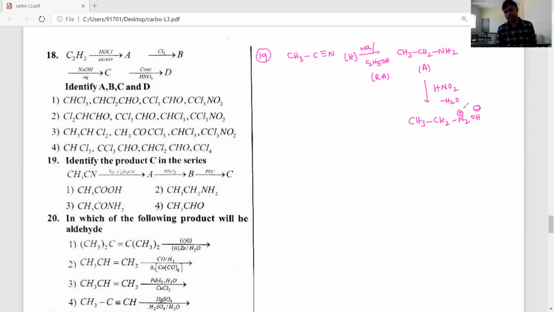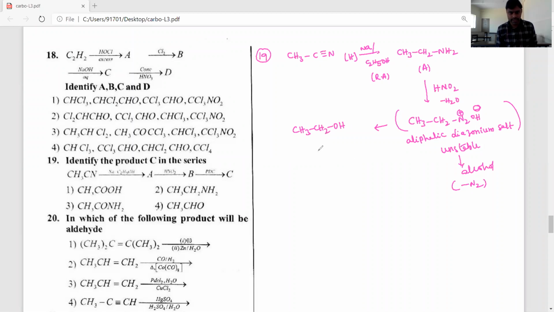This aliphatic diazonium salt is unstable, and is converted into alcohol with loss of N2. The product is CH3-CH2-OH. Ethyl alcohol is the product.